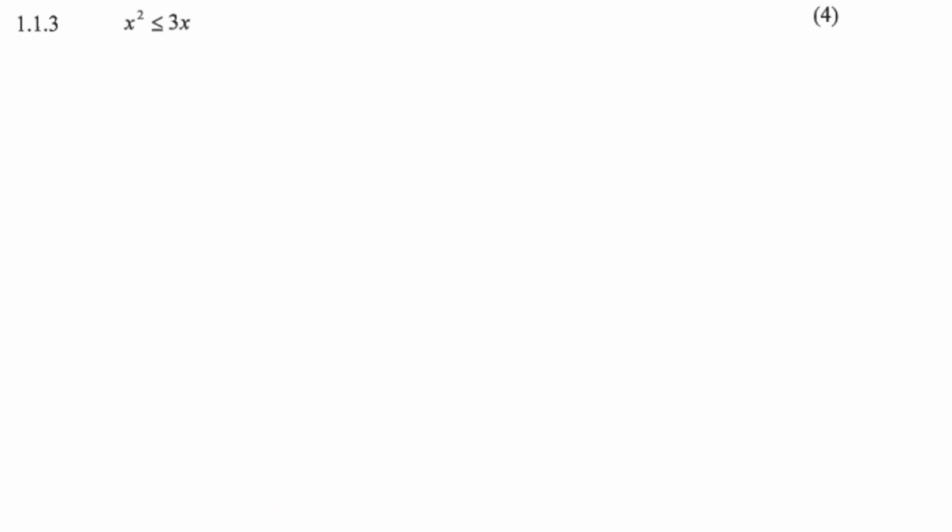So now in this case we'll transpose 3 to put it here. Then it's going to be x squared subtract 3x, less than or equal to 0. Now remember, when you have an inequality like this, you just solve it as if you are solving for the values of x.